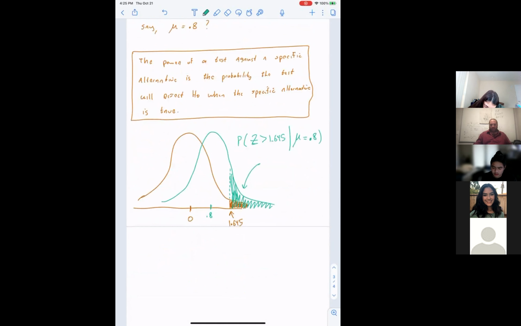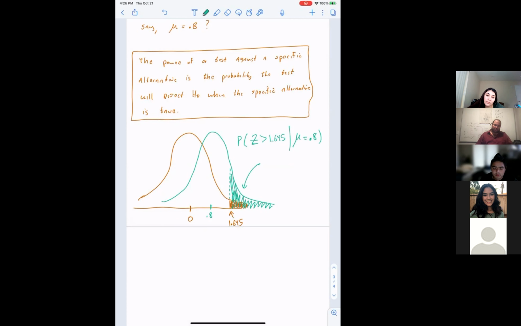Okay, the probability that z is greater than 1.645, given that mu is really equal to 0.8. This is the power of the test when mu is equal to 0.8. And every mu will get a different value for the power of the test. So there's not one power. It's always against a specific alternative.